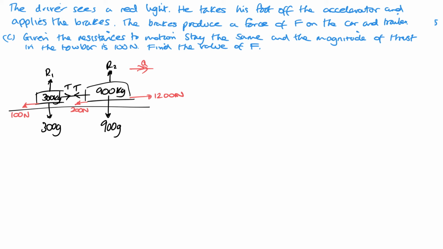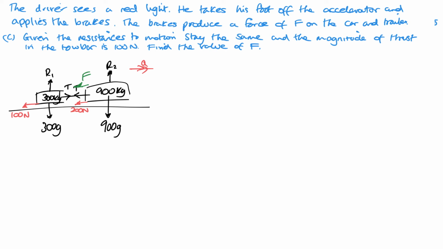Now, this driver sees a red light, takes his foot off the accelerator. So we've now no longer got an engine producing any forward thrust, and applies the brake. So if he applies the brake, then we've basically got an F going in this direction.